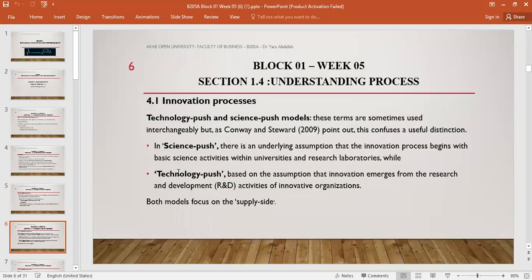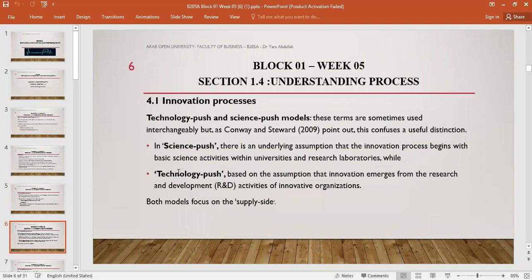Thus, we find that in the technology push, or we call it the science push models, which were developed in the past, the innovation process began with research activity or science activity, either in the university or in the lab. This is in the science push.